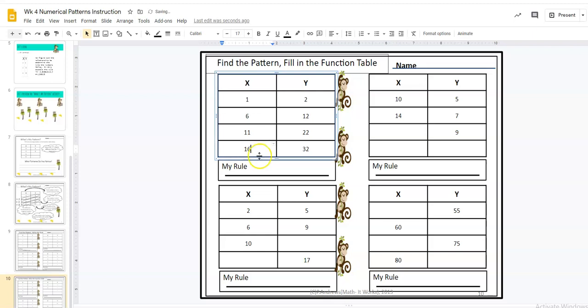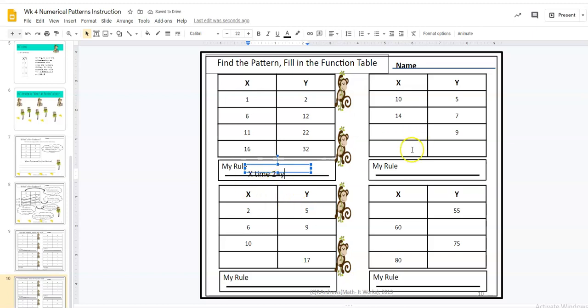And just to be double sure, double check it out, I would ask myself, is 16 times 2 32? Yes, it is. So I would come down here, click, and I would type my rule. The term that is in the x column times 2 is equal to the y column.